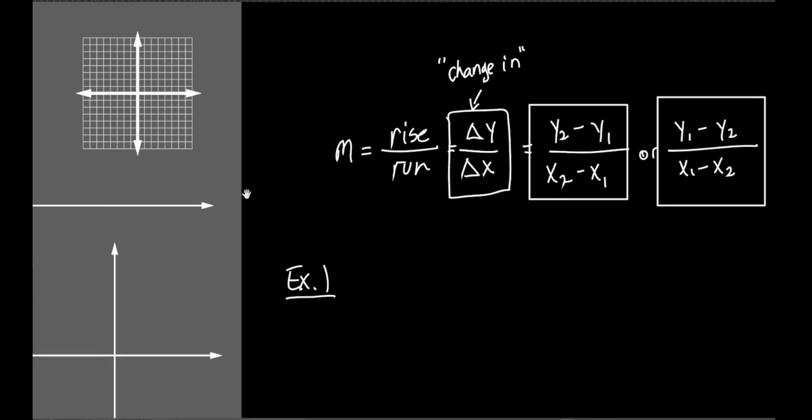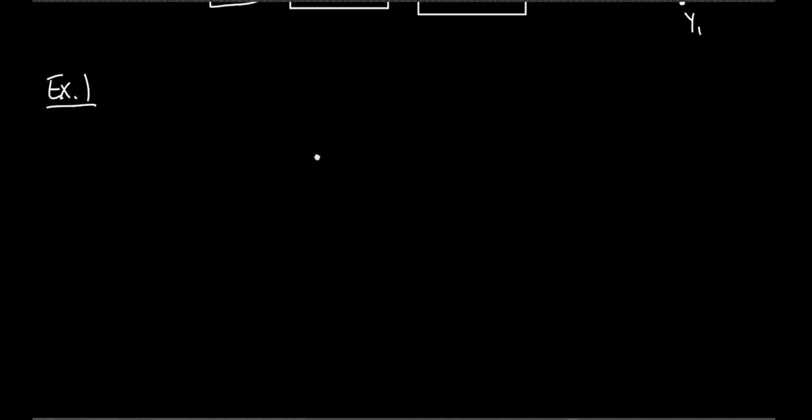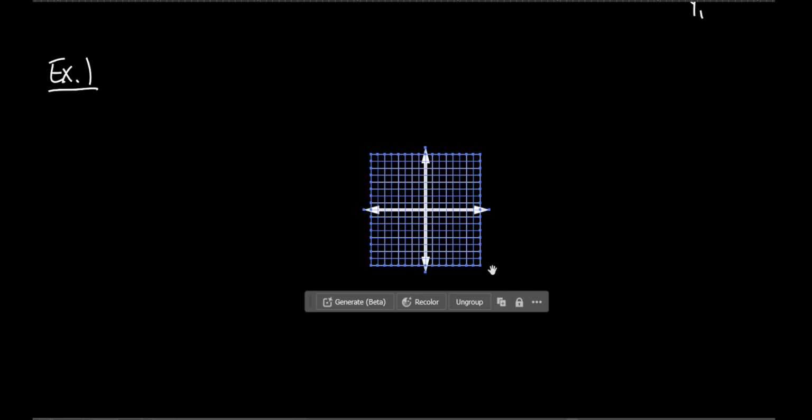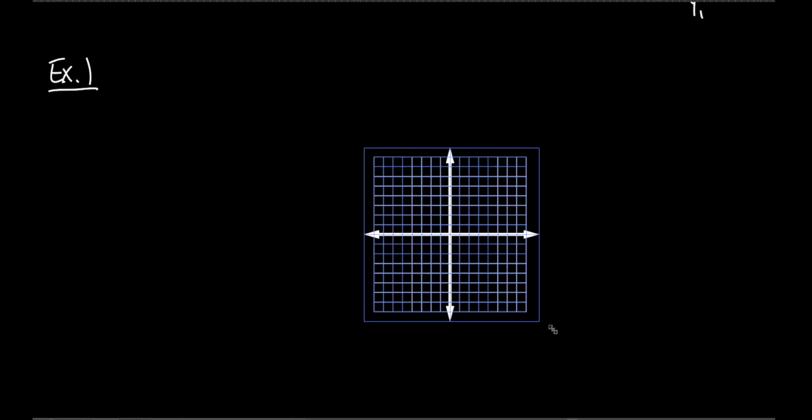So this is example 1. It's in the book if you want to look, but I'll put it down right here. They actually give it to you as a graph, first of all. So let's grab this graph and make it a little bit larger so that we can see it.